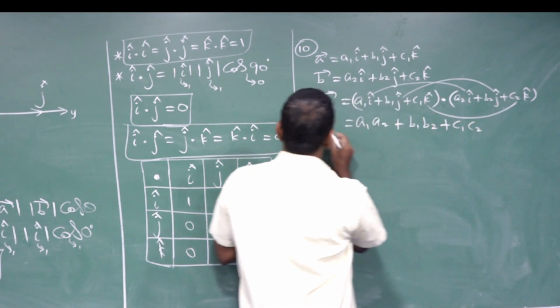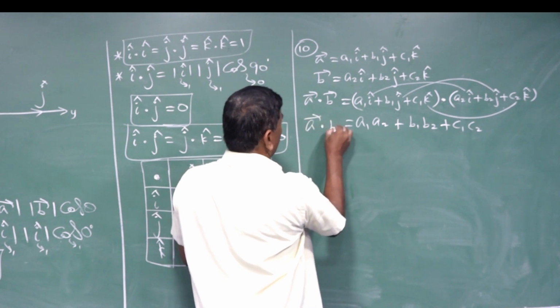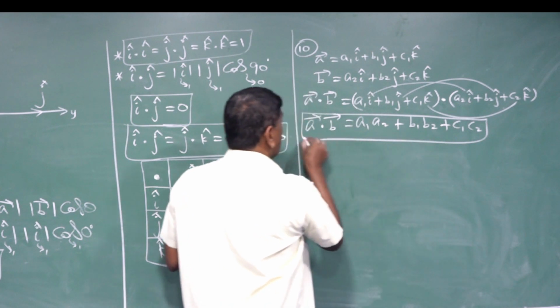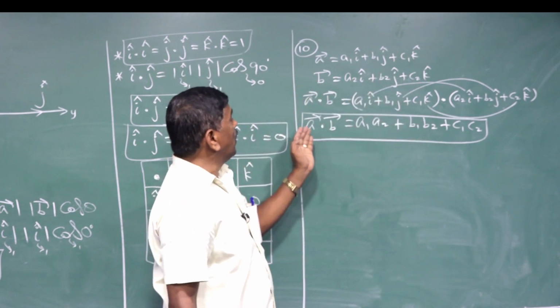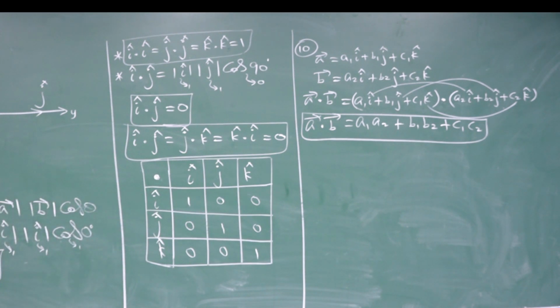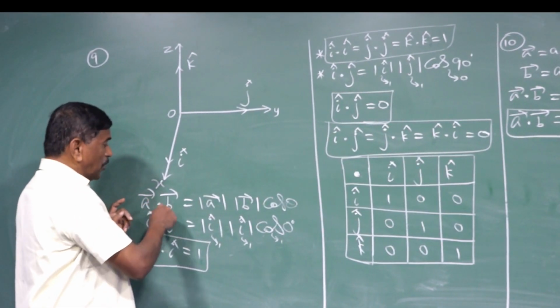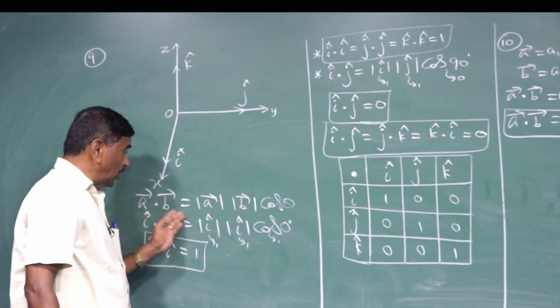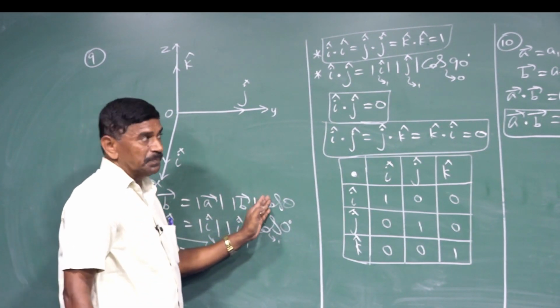C1 into C2, whose left hand side is A vector dot B vector. So this 10th property is given here. Initially we are using the definition of dot product. The definition of dot product is given by A vector dot B vector is equal to modulus A vector into modulus B vector into cos theta.